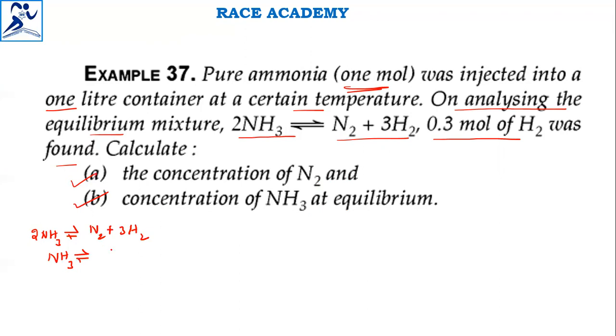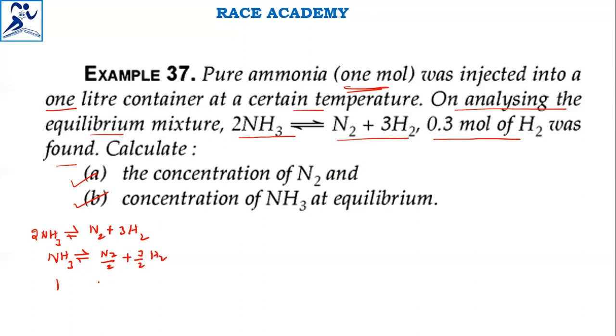That means dividing this equation by 2, you will get 1 by 2 N2 plus 3 by 2 H2. So initially how many moles of ammonia? 1 mole. And 1 by 2 mole of nitrogen and 3 by 2 mole of hydrogen are there in the equation.